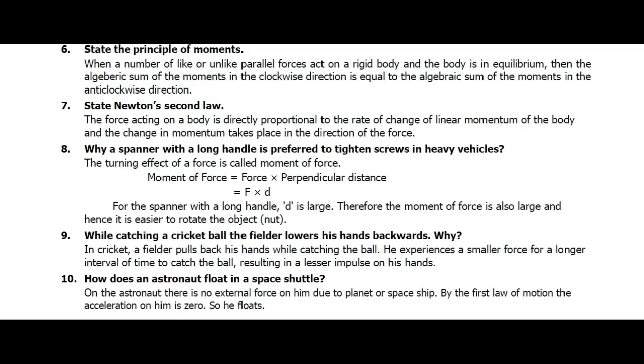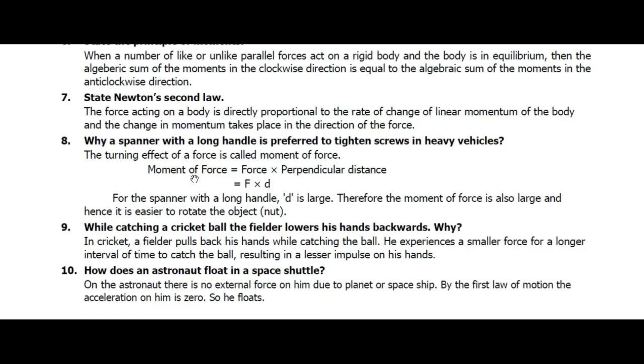Ninth one: while catching a cricket ball, the fielder lowers his hands backward. Why? The answer: in cricket, a fielder pulls back his hands while catching the ball. He experiences a smaller force for a longer interval of time to catch the ball, resulting in a lesser impulse on his hands.